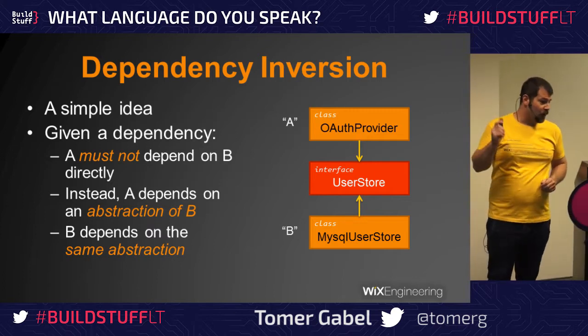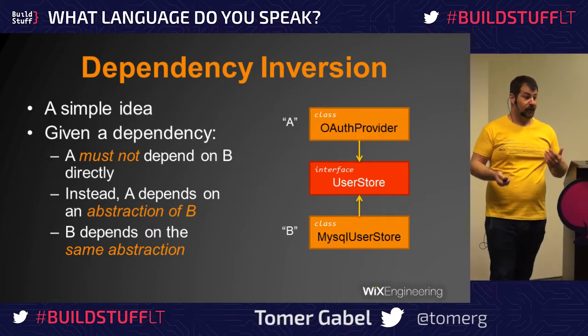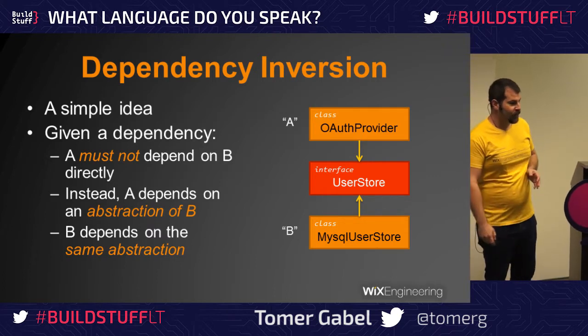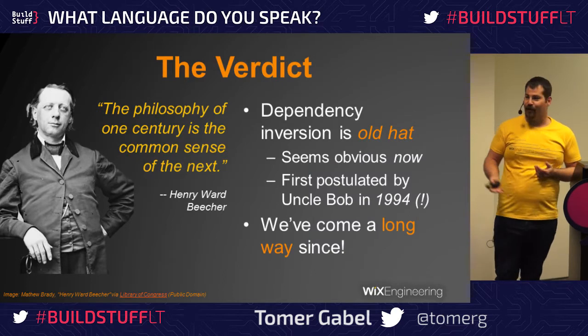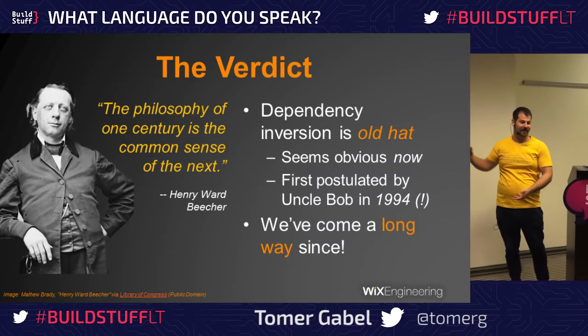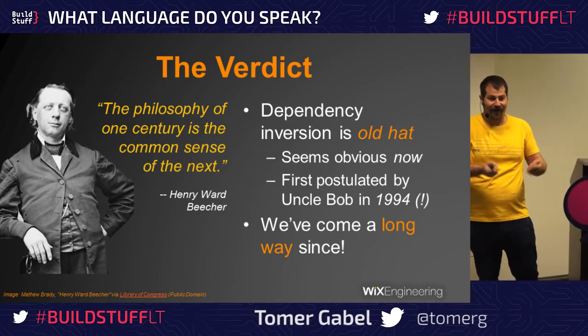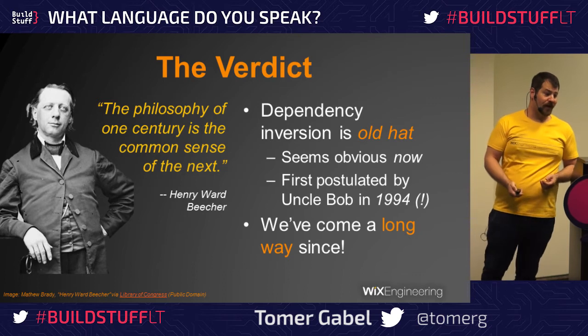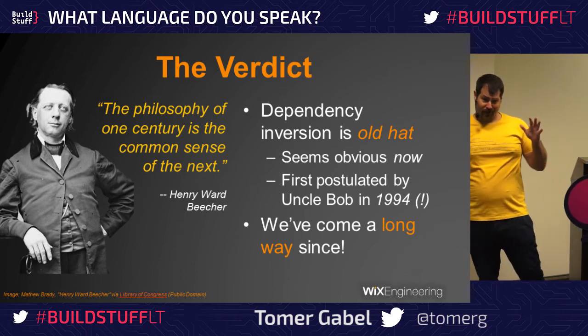All good. So with respect to dependency inversion, it's old hat, it's old news. It kind of seems obvious now, even having to put it out there on a slide seems kind of ridiculous because it's a thing any software engineer nowadays knows. Well, it turns out that in 1994, it was still kind of a new thing.